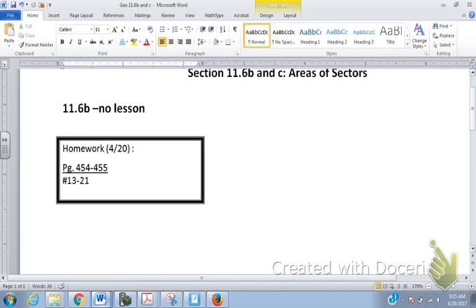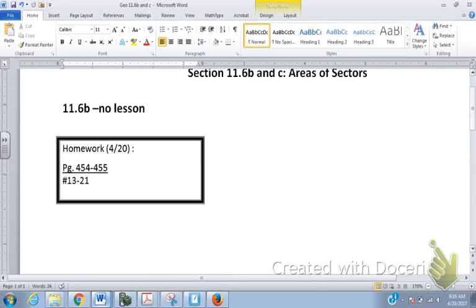What I want you to do here is 13 through 21. Which one's probably the toughest problem? 21. Let's start with 21. Let's do 21 first, and then let's do 20, 19, and then 17, 16, 15, 14, then 13. That way, you're doing the hard ones in class. You can ask me questions.